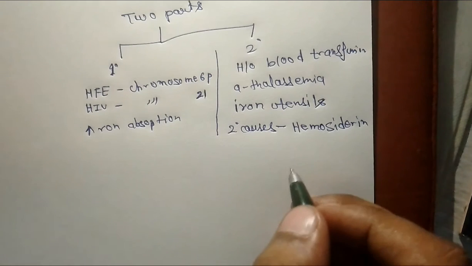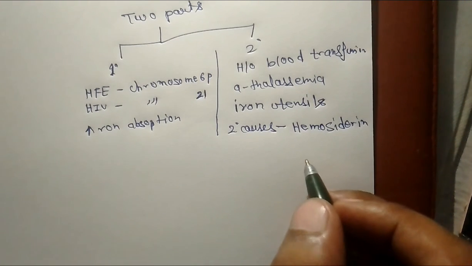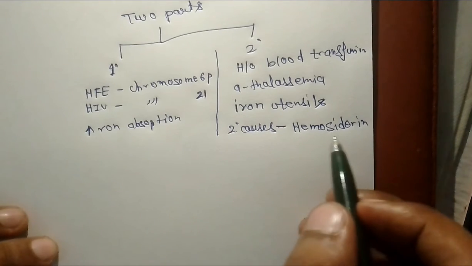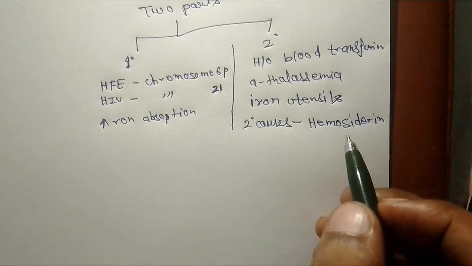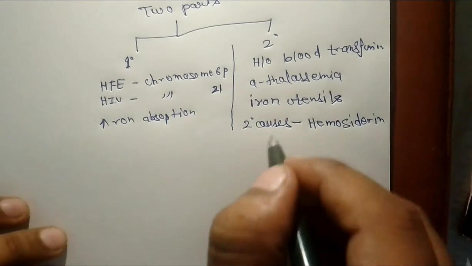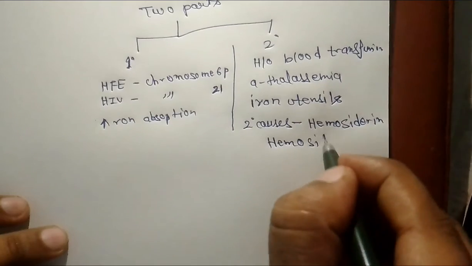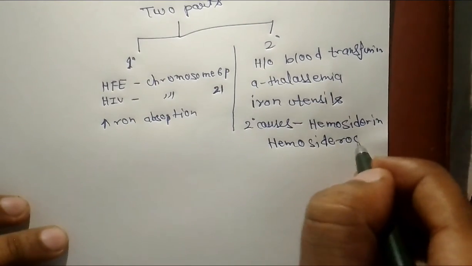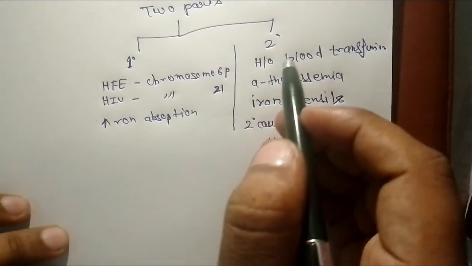When RBCs break down, they convert into heme and iron, that is called hemosiderin. When hemosiderin excessively accumulates in our tissues, it is called hemosiderosis. Hemosiderosis also causes secondary hemochromatosis.